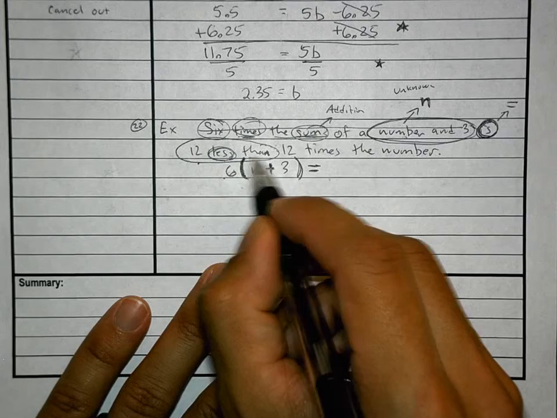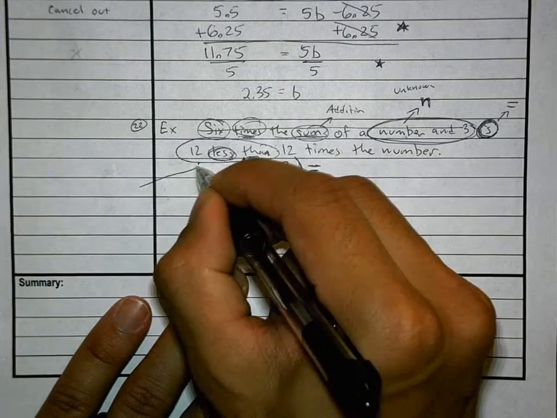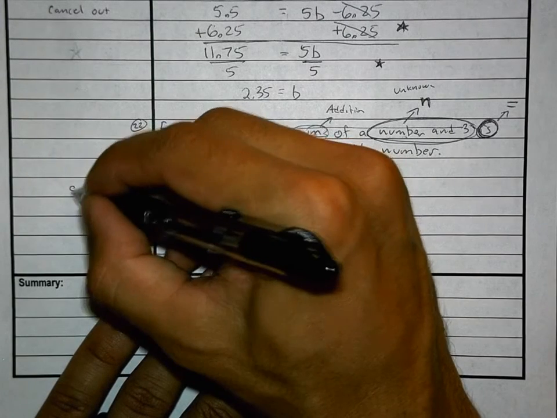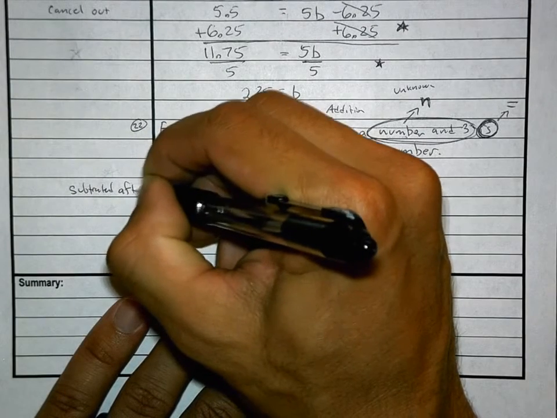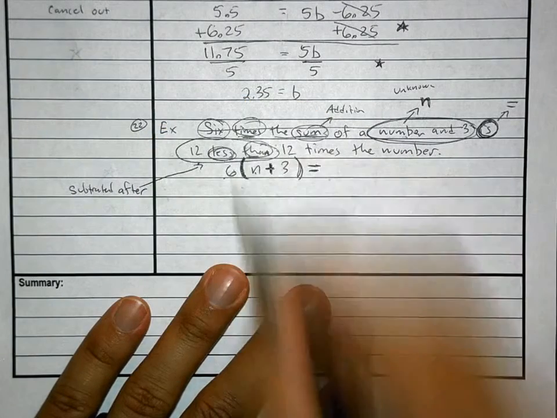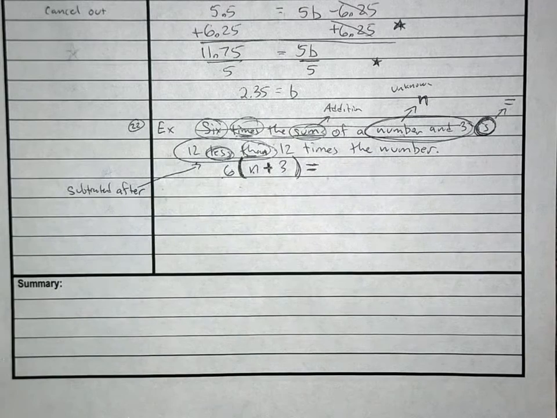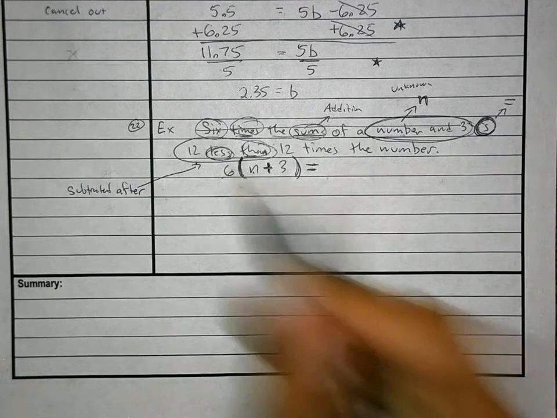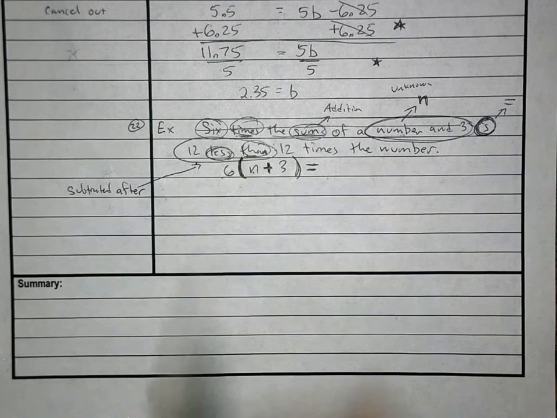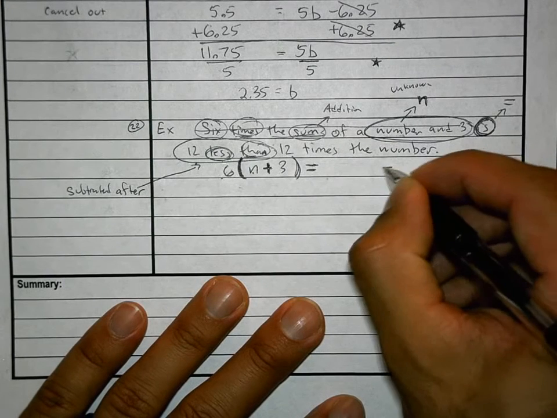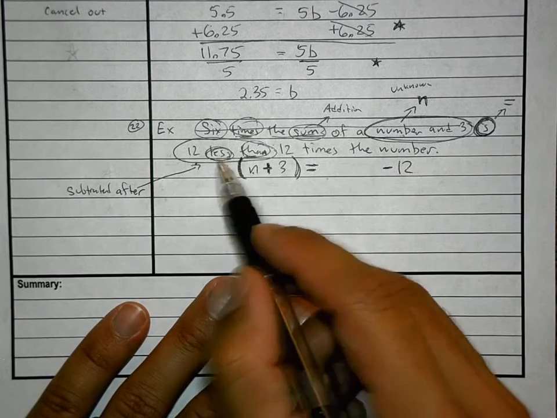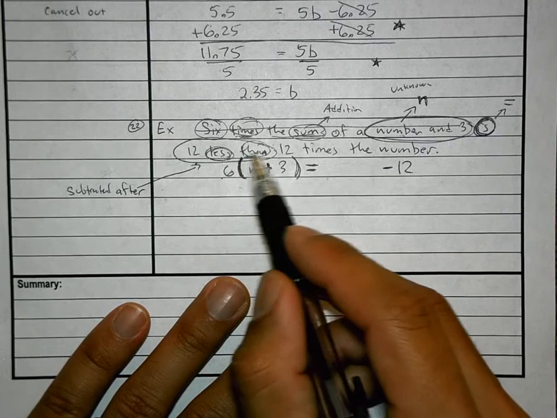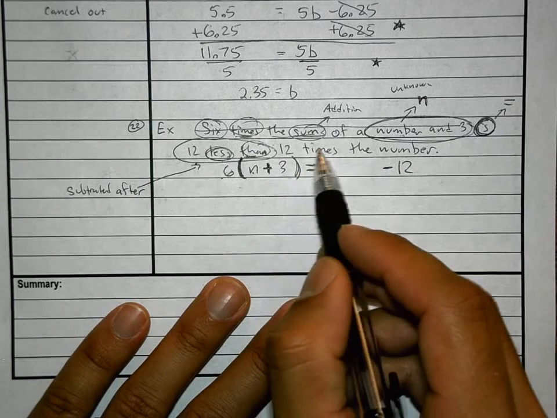When you see less than, I'm going to put an arrow to it, it means subtracted after. When you see the word than, it's going to mean after. 12 subtracted after. That's telling you you're going to have to subtract 12 from something first. 12 less than. 12 subtracted after 12 times the number.